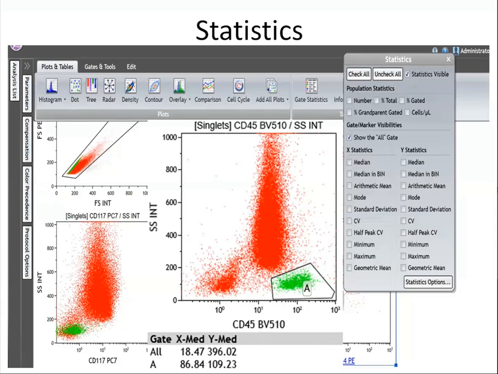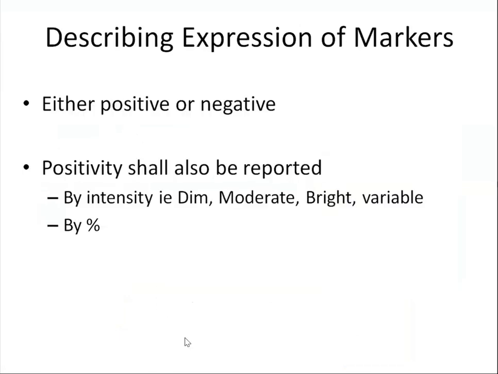The same lymphocytes are showing a side scatter intensity of 109.23. So you can get this MFI. You would have come across this term MFI, median fluorescent intensity. That is a value which you can get from the software.